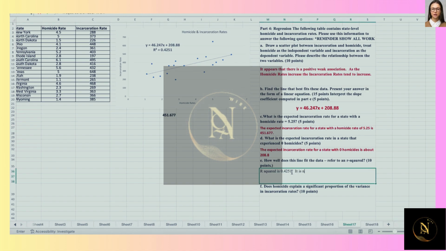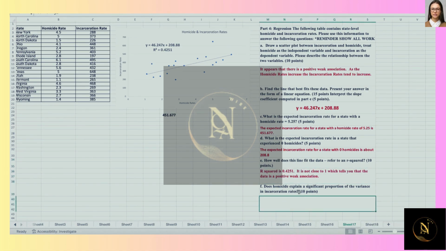So it is not close to 1, which tells you that the data is a positive weak association. It fits it, it's just a weak line of association. Let me just wrap this and bold it.